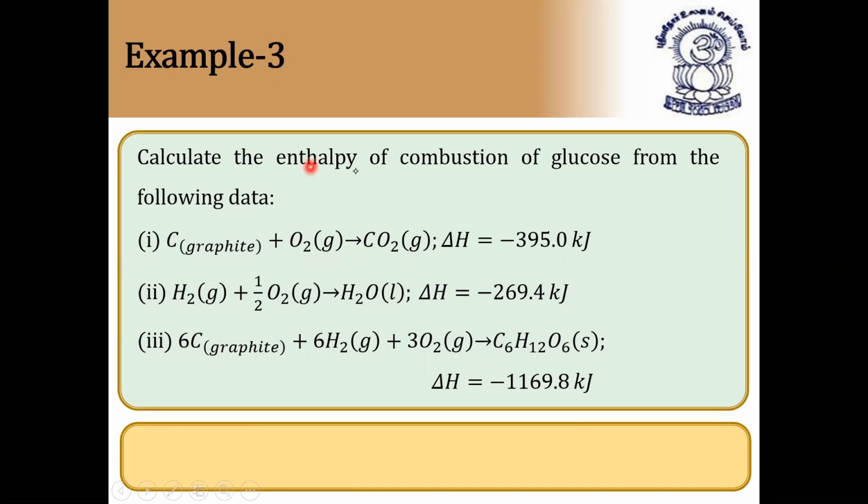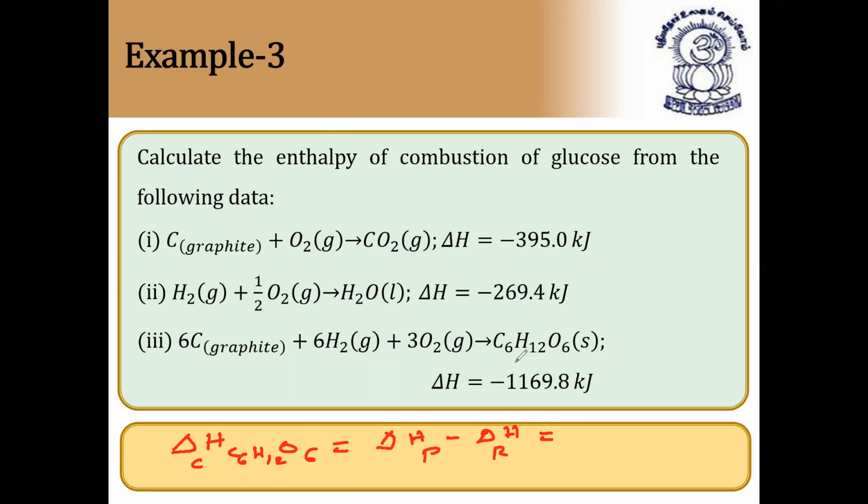So we need to calculate the enthalpy of combustion of glucose from the following data. The enthalpy of combustion of glucose, C6H12O6, is equal to the enthalpy of formation of products minus the enthalpy of formation of reactants.